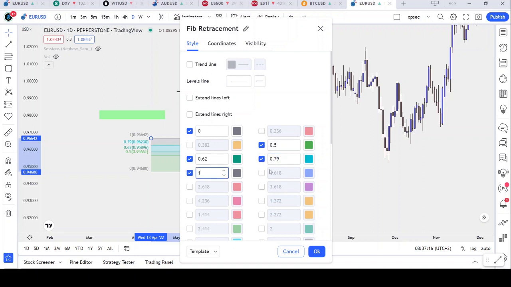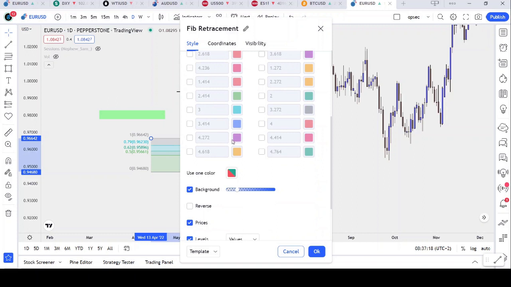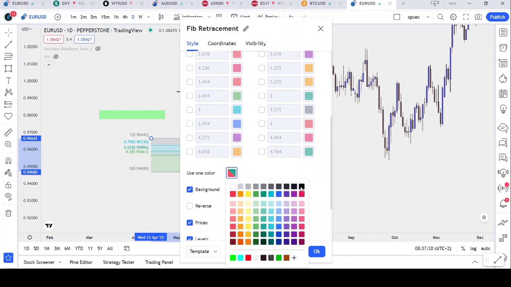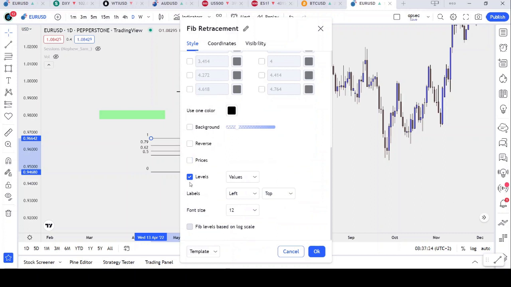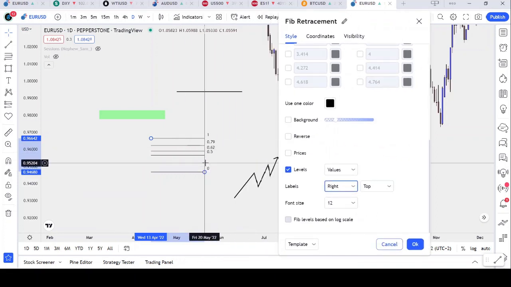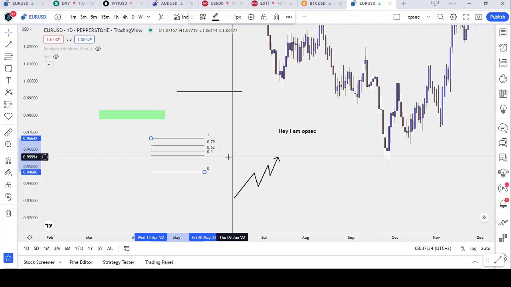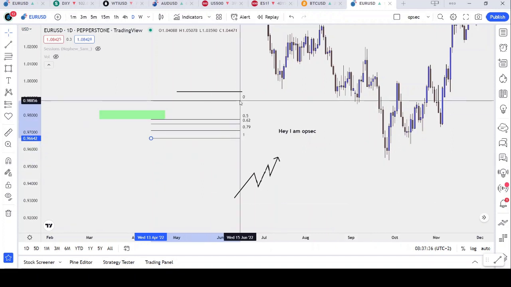Those are the settings you want. Then you use one color, black, and you delete the background. Then remove prices, and I like changing the labels to the right. And then you have it like this. That's my template. That's what I use, okay?